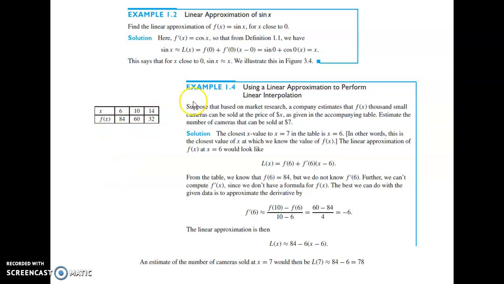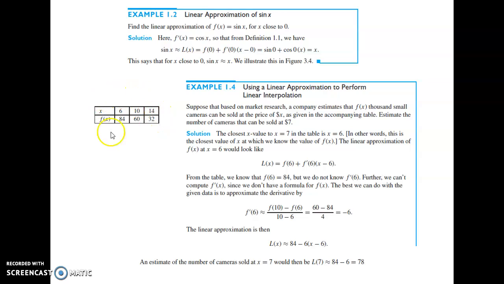Another example. Here we are given a table, not a function, and you are asked to find, see, x is the price, f of x is the number of small cameras, and you estimate the number of cameras, that is, find f when x is equal to 7.